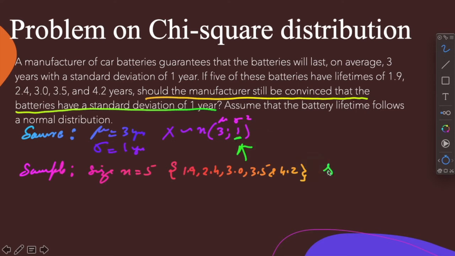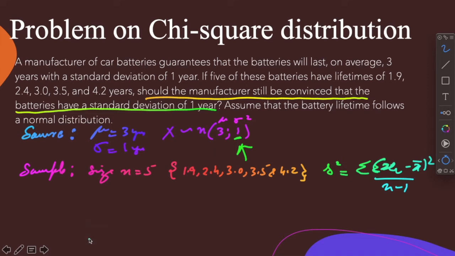So they want to compare S square, which you will calculate here, sigma of (xi minus x bar) whole square upon n minus 1. If you calculate this, then you have to compare whether sigma square is 1 or something different, assuming that battery life follows a normal distribution, which we had already assumed.